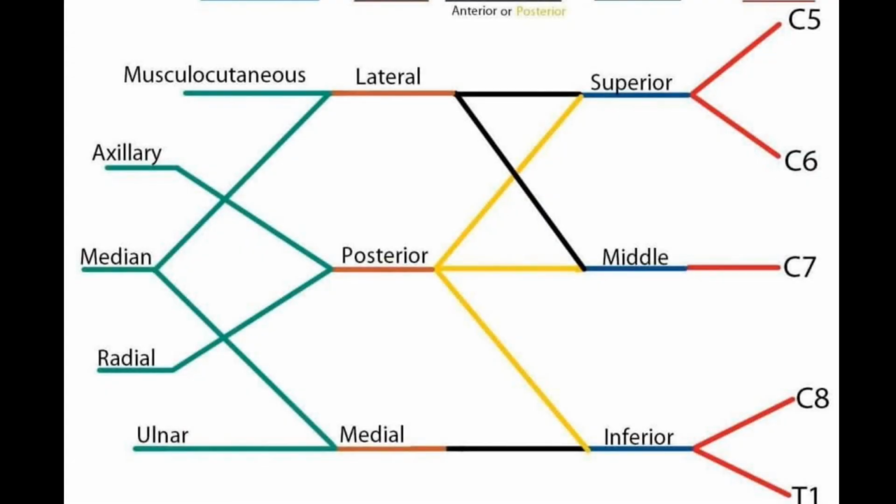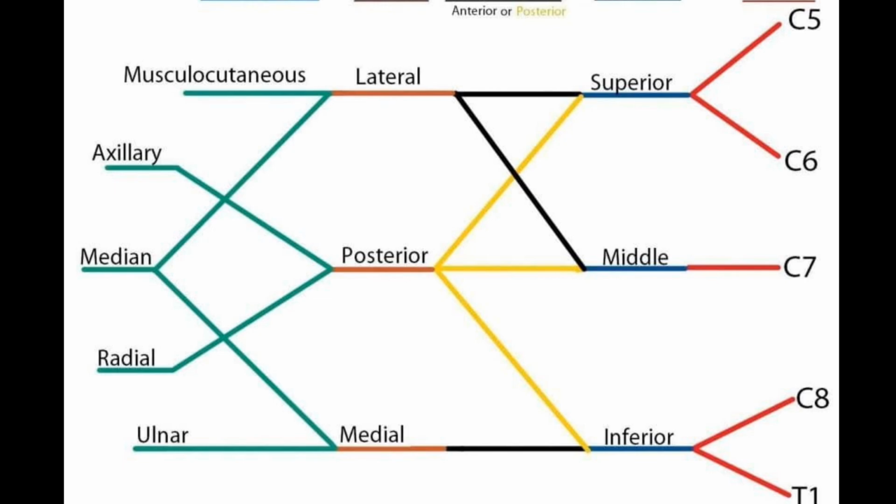So it is a simple diagram of brachial plexus. As you can see, the roots C5, C6, C7, C8 and T1. C5, C6 roots join to form superior trunk or upper trunk, and C7 itself continues as middle trunk, and C8, T1 join to form inferior trunk. So from each trunk we'll be having anterior and posterior divisions.